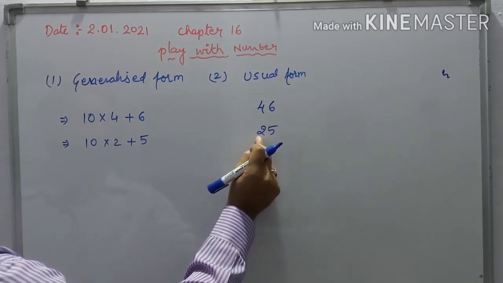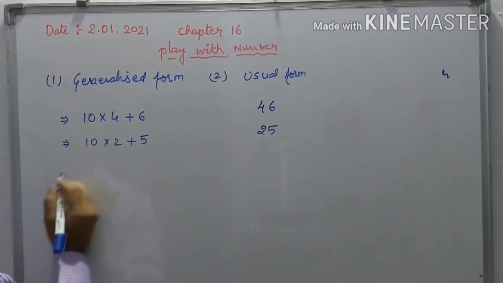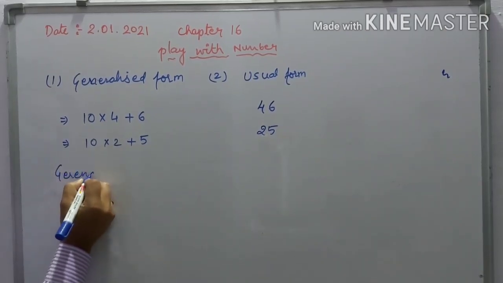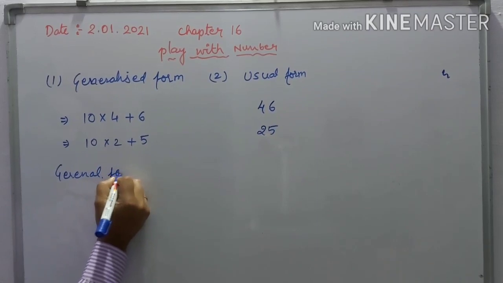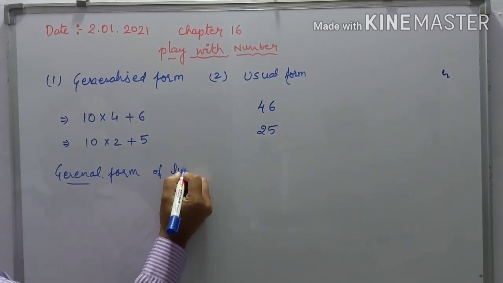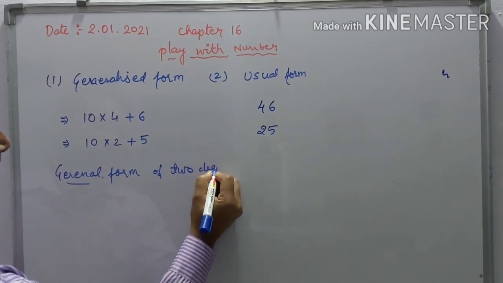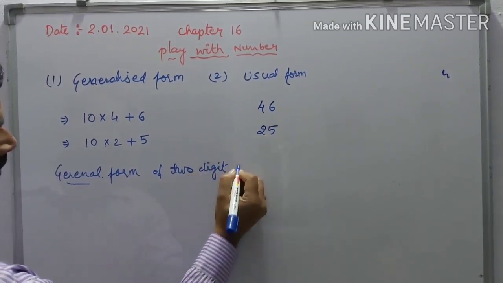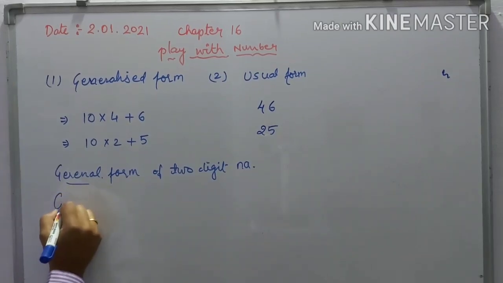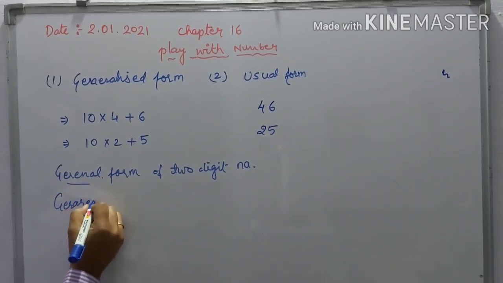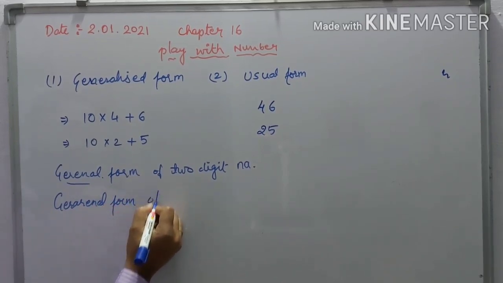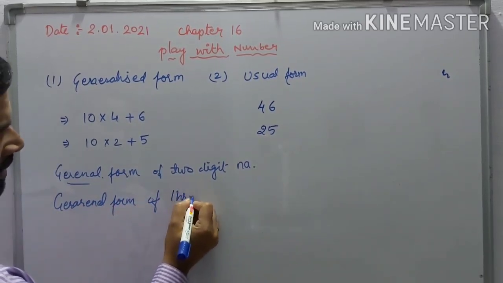Now the general form of a 2-digit number and the general form of a 3-digit number.